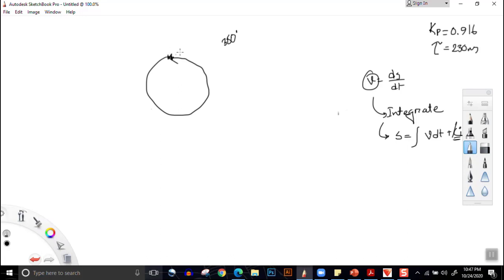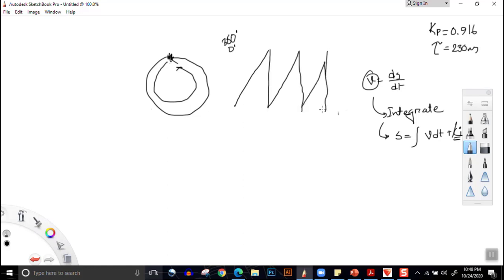And 360 degrees inherently also means 0 degrees. So from 360 degrees, it jumps to 0 degrees and starts increasing again. From 0 it increases to 360, then suddenly drops back to 0 and again increases to 360. That's why it's like a sawtooth wave.